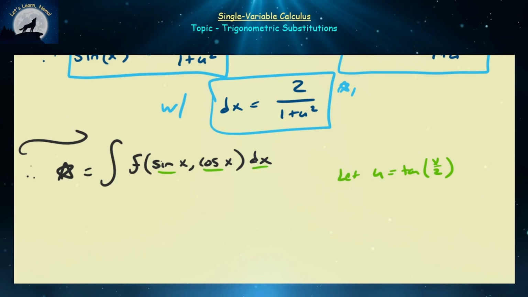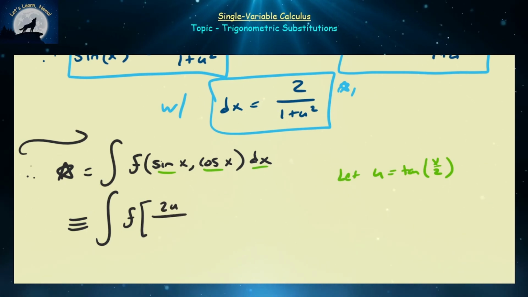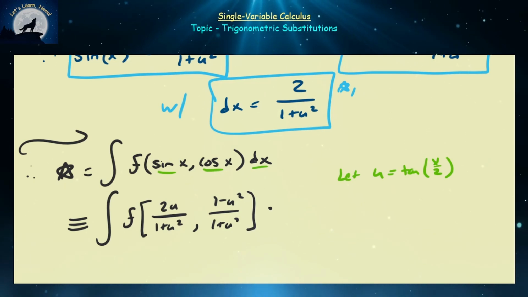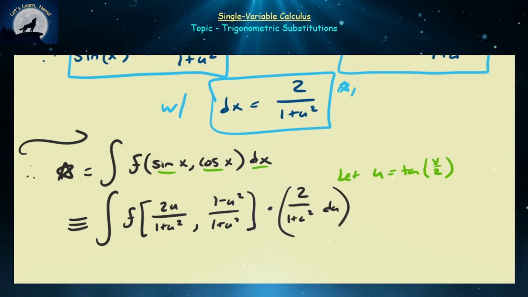So that means this will be equivalent under this substitution of f of, so sine of x turns into 2u all over 1 plus u squared, cosine x turns into 1 minus u squared all over 1 plus u squared, and dx turns into 2 over 1 plus u squared du, right? And this is done via this Weierstrass substitution.